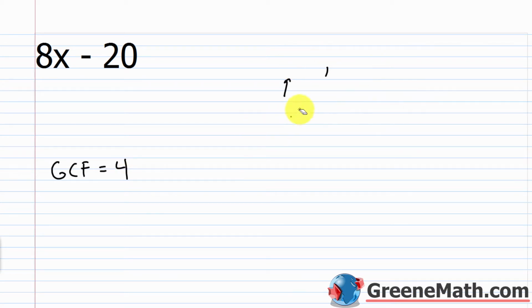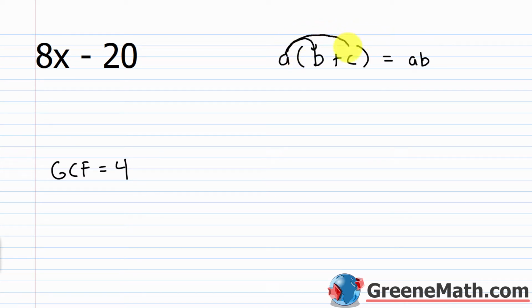Before I get into that, let me one more time show you the distributive property with something we've already seen. Let's say I have, again, A times the quantity B plus C. I take A, multiply it by B, I get AB. I take A, multiply it by C, I get plus AC.